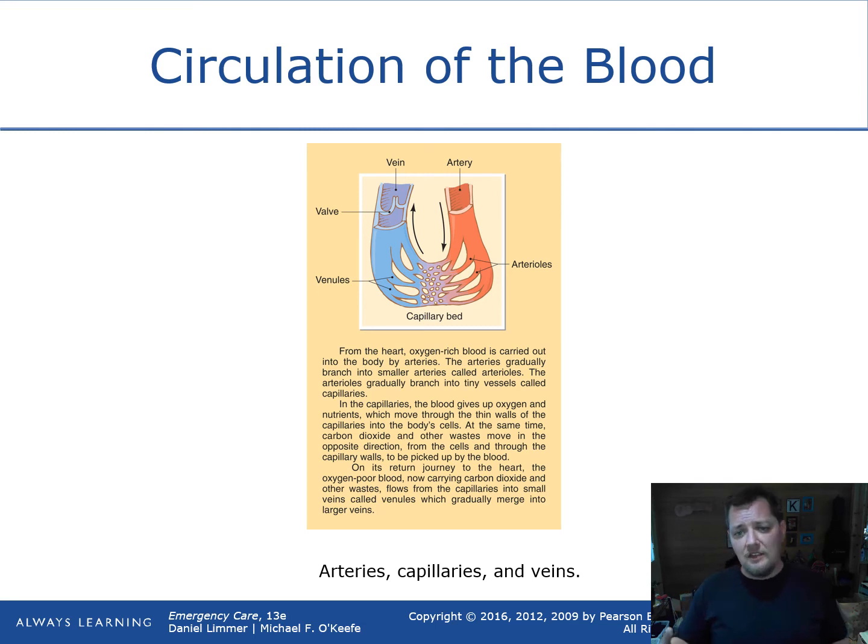Then you've got your artery, which is like a highway. It comes off of the aorta. The highways come off of the interstate, and then you go into your county roads or your gravel roads, which are your arterioles. And then you get into a driveway, and that's your capillary bed.